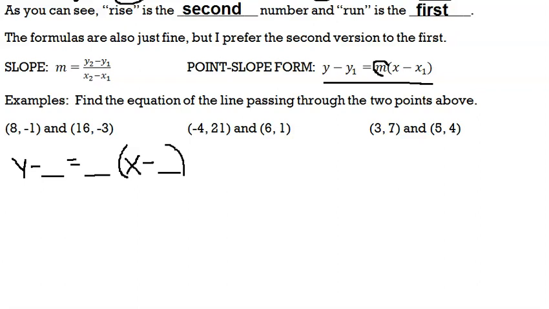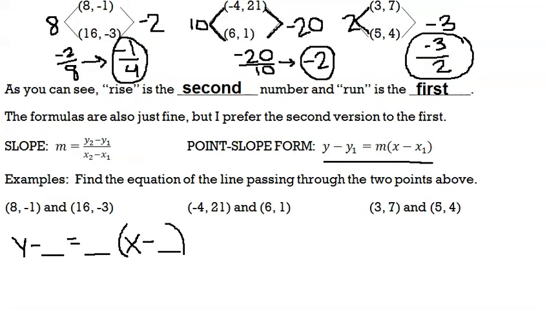M is the fancy letter that we use for slope. Now, we already know the slope between these 2 points because I already gave it to you as one of my earlier examples. See? I didn't just pick those numbers out of the blue. The slope is negative 1/4.